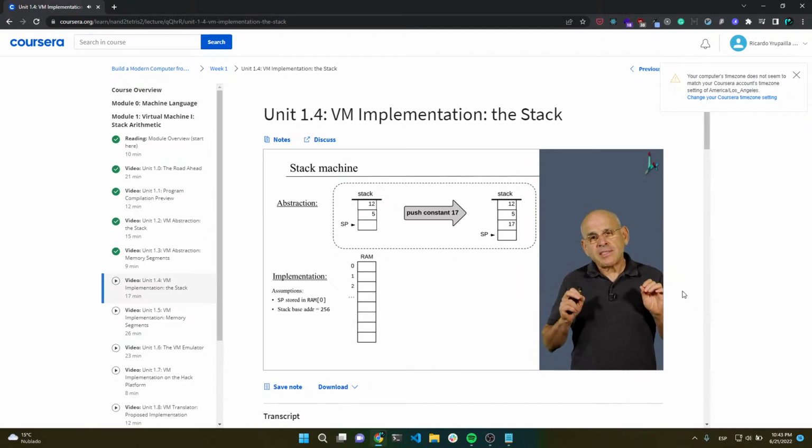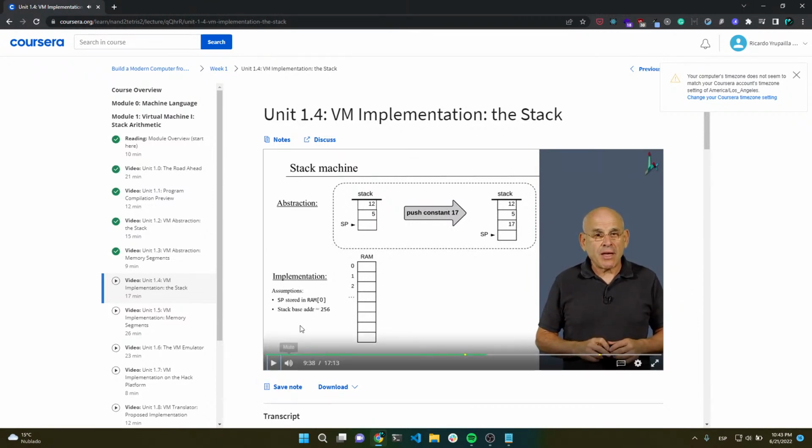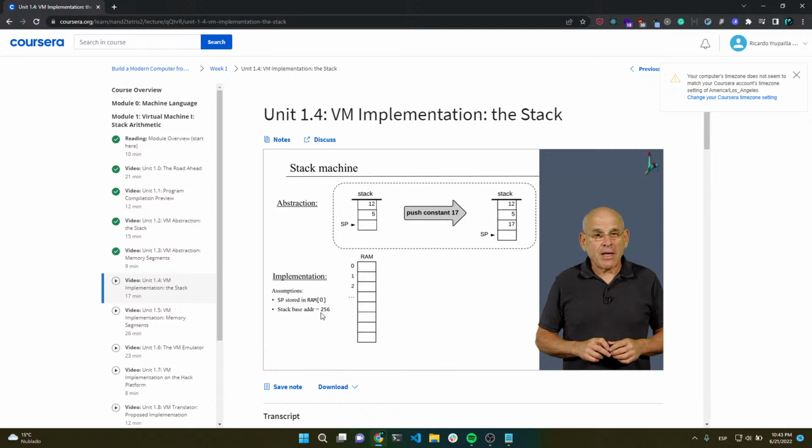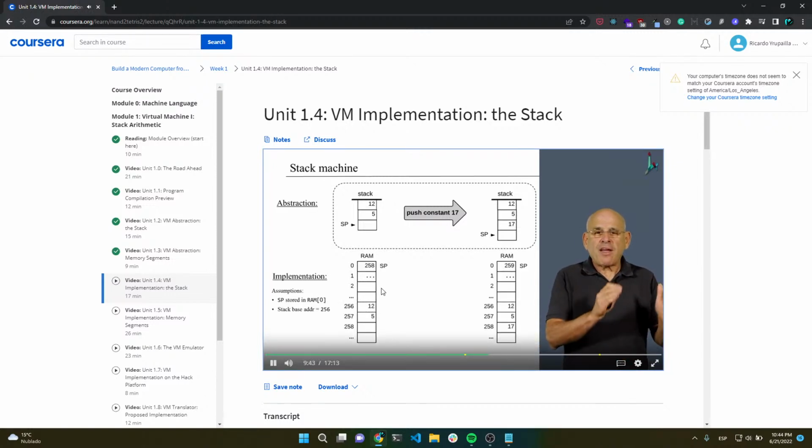And the second assumption is that the stack is going to begin in address 256, which looks like an arbitrary choice, but later on you will see that this choice actually makes sense.